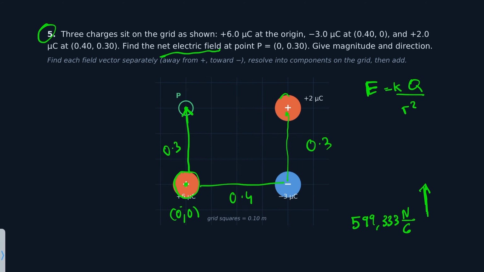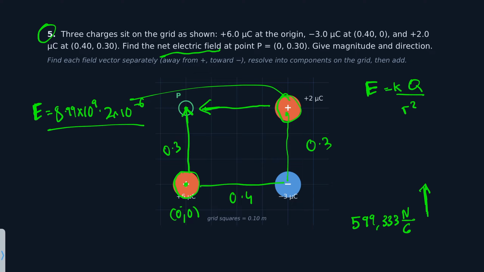For this proton, same thing, it's going to point leftward because it's going to protrude outward, and similarly it's going to push this charge that way. So for this, the field is 8.99 times 10 to the 9 times the magnitude, 2 times 10 to the negative 6, right? And then that over R squared, so we know the distance is 0.4 squared.